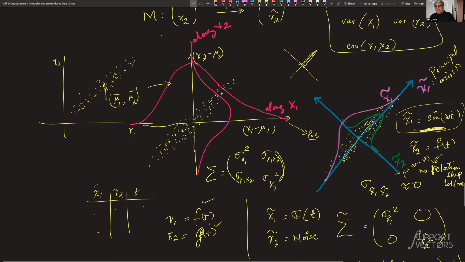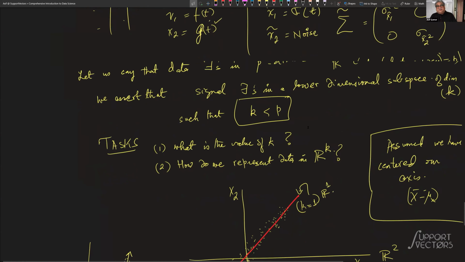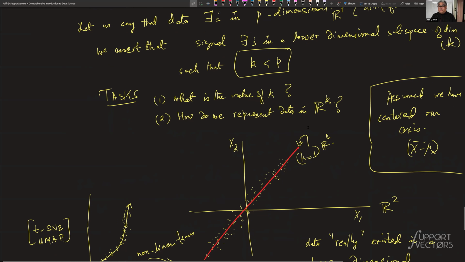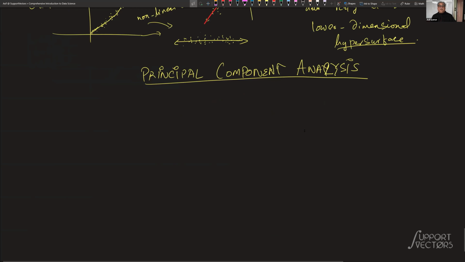And where does the word principal axis come from? Intuitively, they are the axes that matter more. First axis matters more than the second axis, matters more than the third axis. That's the basic intuition. But there's another way to look at it, and that is what is significant.